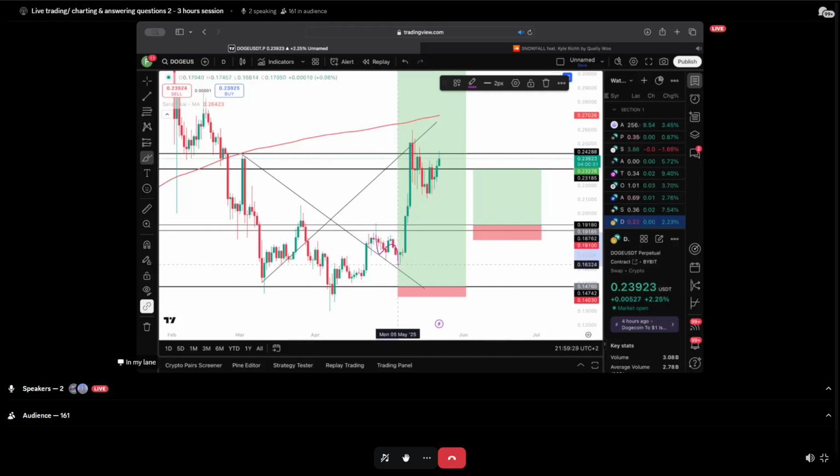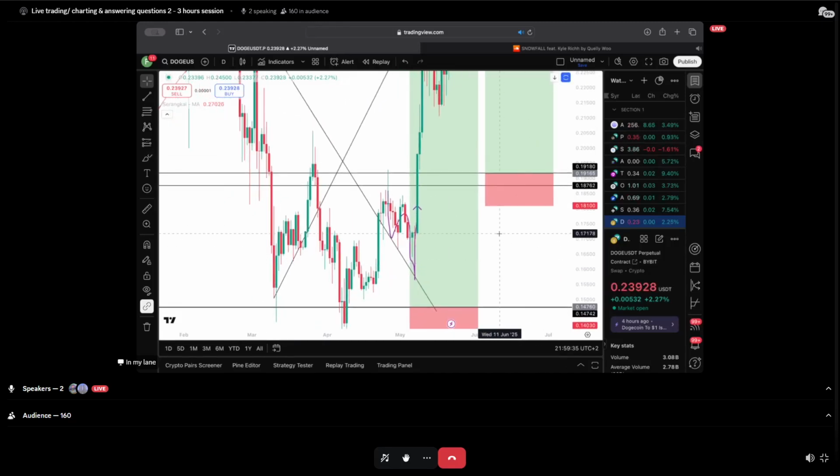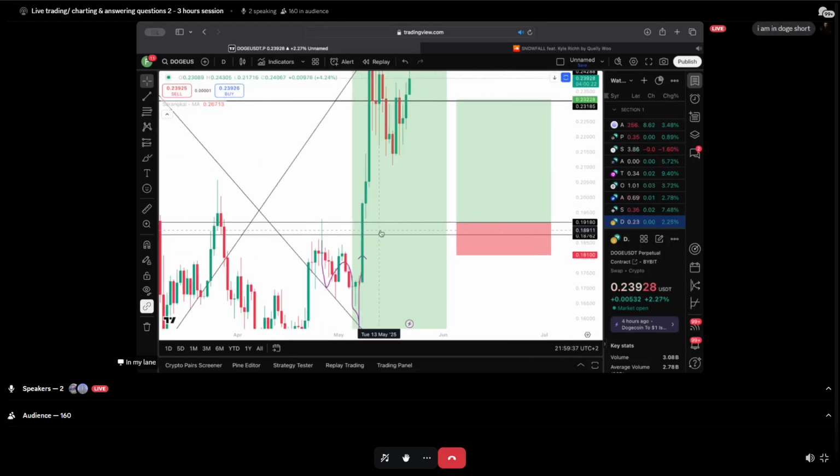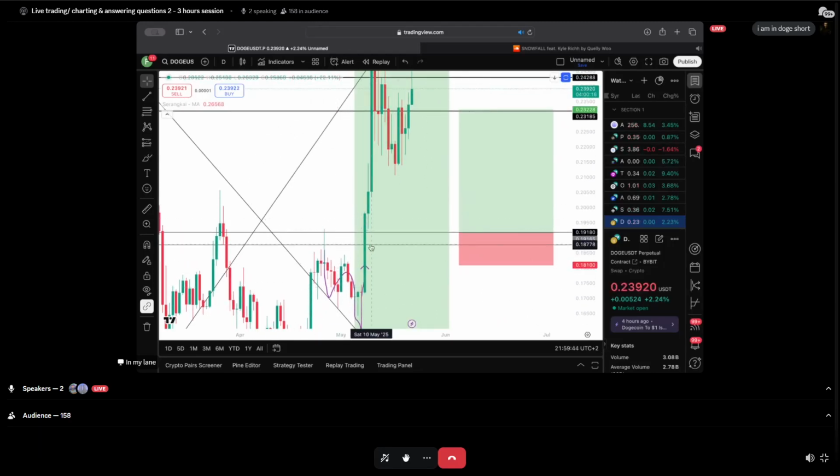We ranged at the trend line, and we bounced. We didn't get to the support I wanted to, but we had actually two plans. First one was to long below here. The other one was to long after the daily close above here.